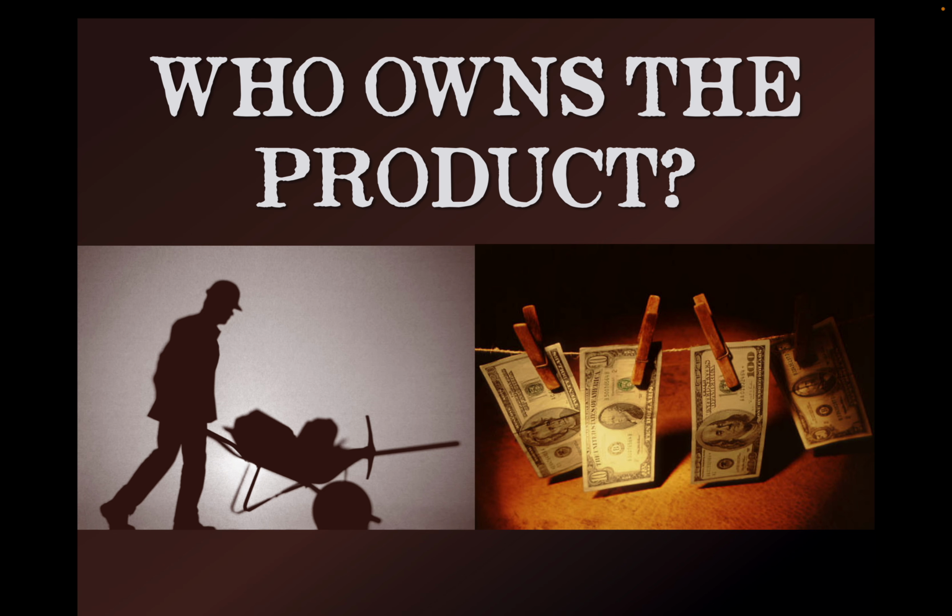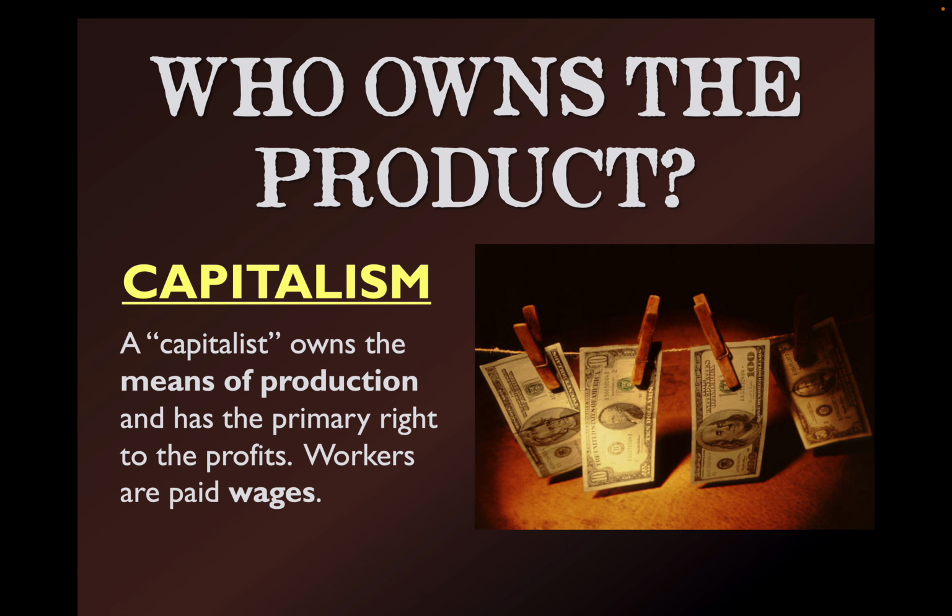Who owns the product? So we live in a capitalistic society. In capitalism, a capitalist owns the means of production and has the primary right to the profits. And then workers are paid wages.